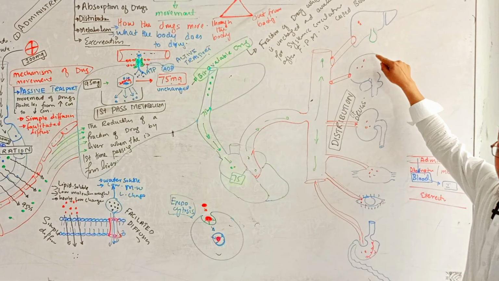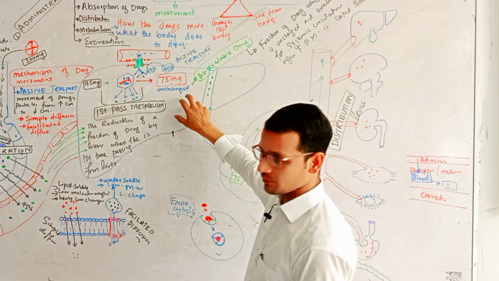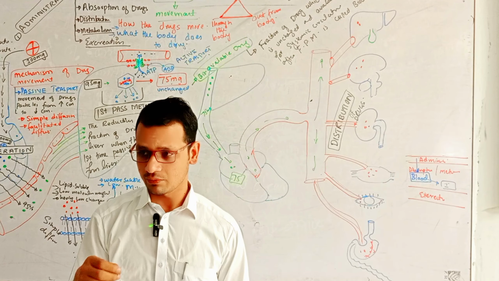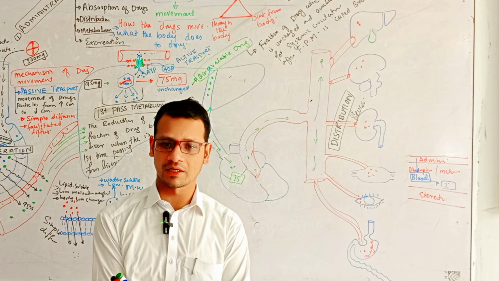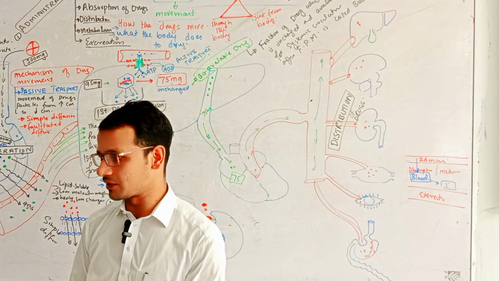From here, metabolism will take place. This is the exact metabolism. The liver is responsible for metabolism, but not 100%. More metabolism occurs in the liver, but muscles also have metabolic activities. The brain also has metabolic activities. The kidney also has metabolic activities, right?